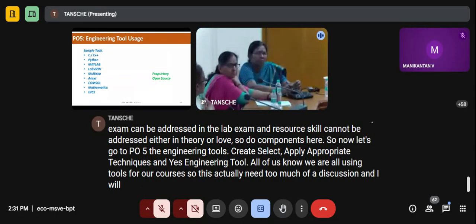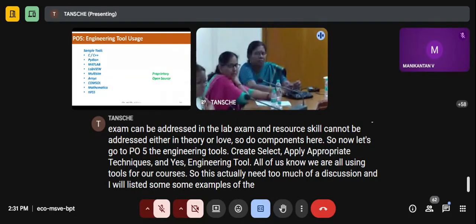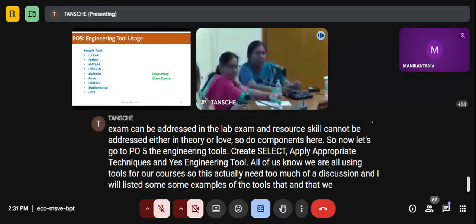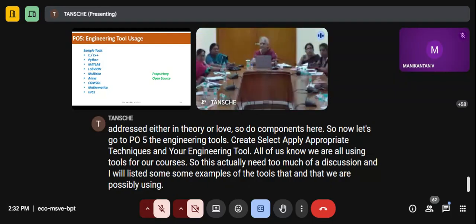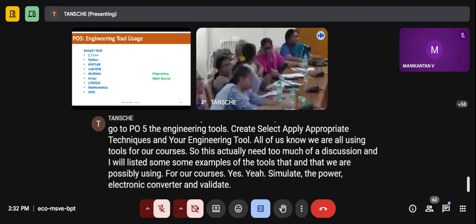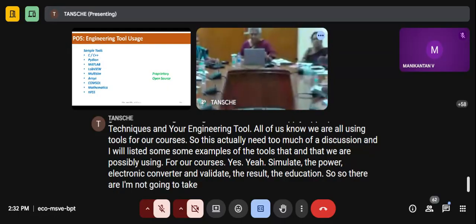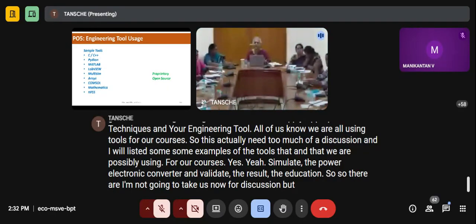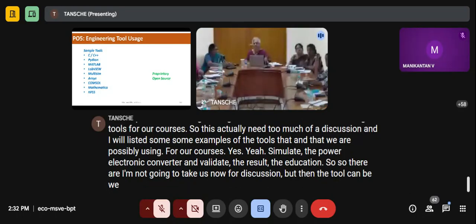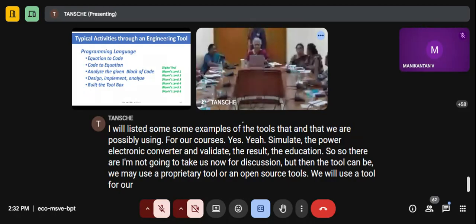I've listed some examples of the tools we are possibly using, such as simulating the power electronic converter and validating the result with theory. We may use a proprietary tool or an open source tool. We will use a tool for our course.